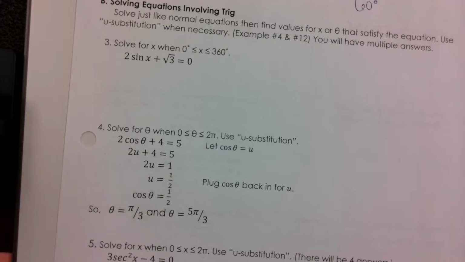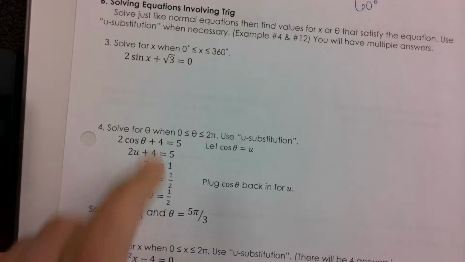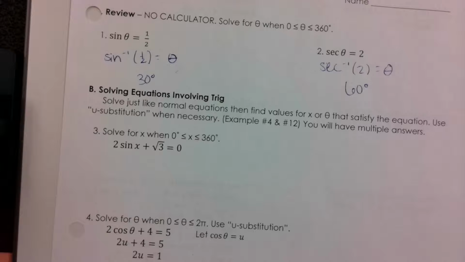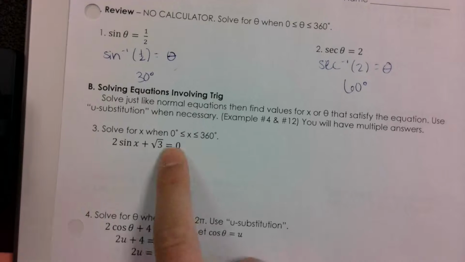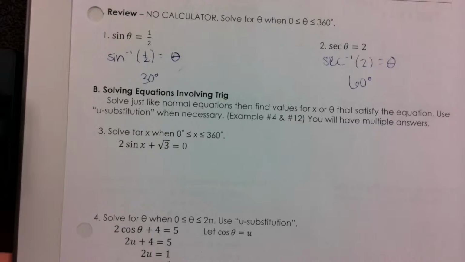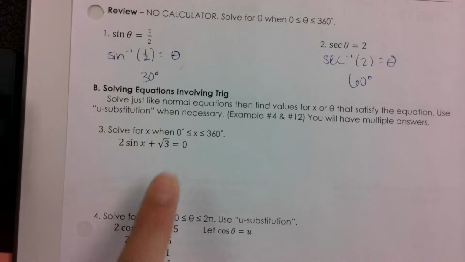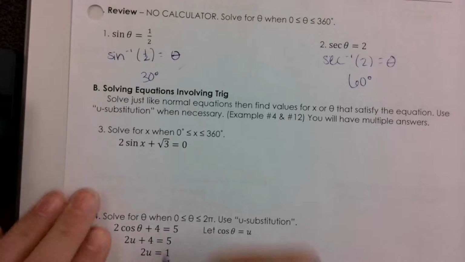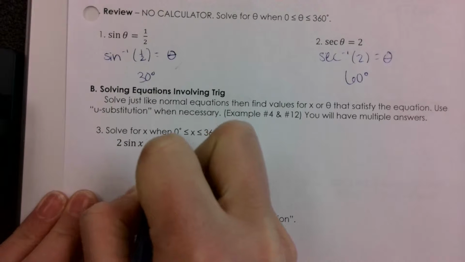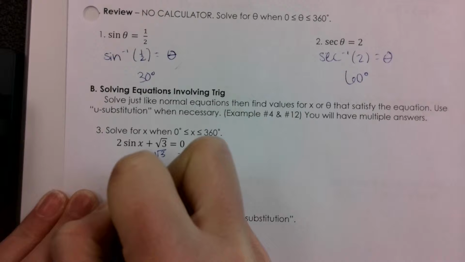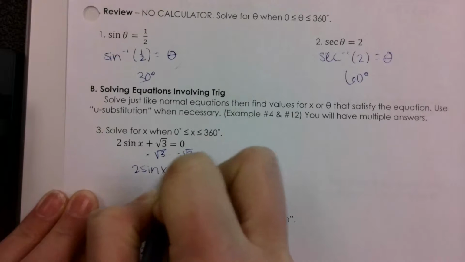So we'll do one that's a little bit simpler. I guess you could use substitution, whatever. But we'll do number 3 first. We're going to solve for x. We're in degrees because it says from 0 to 360. What do we need to do first to get x by itself here? Move the 3 over. So then we've got 2 sine of x equals negative root 3.